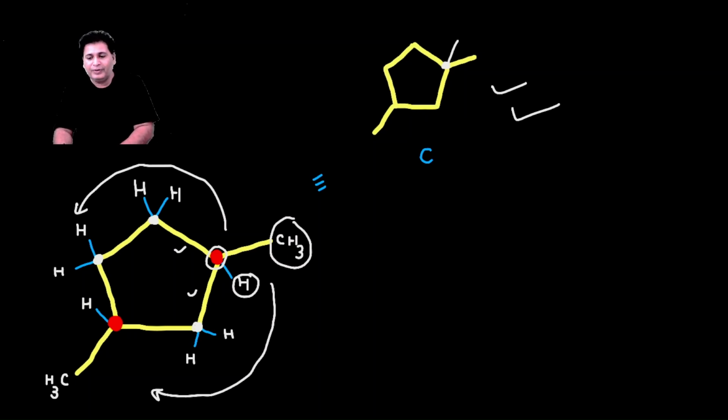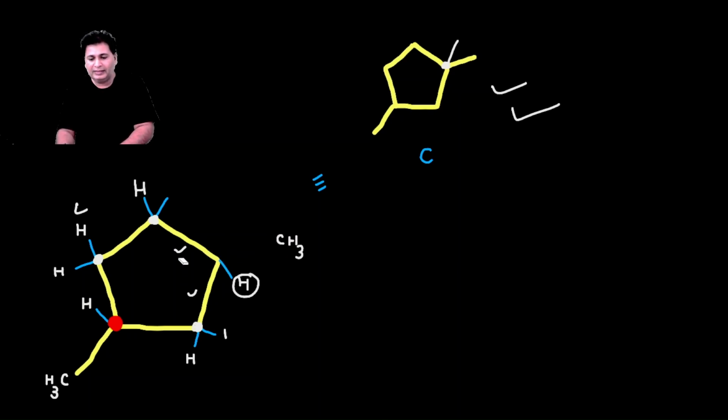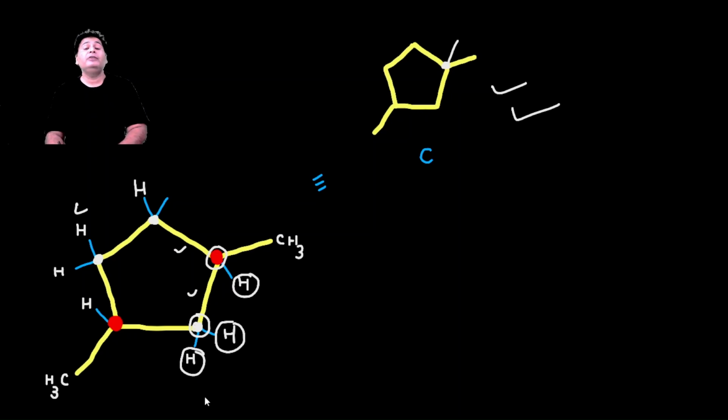For an example, let me make it more clear. If I want to see about this carbon, once you see about this carbon, you find that it is attached with 2 hydrogens. Again you find that these two are the same, so it cannot be chiral in nature.